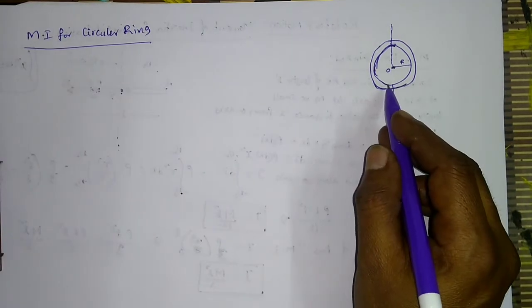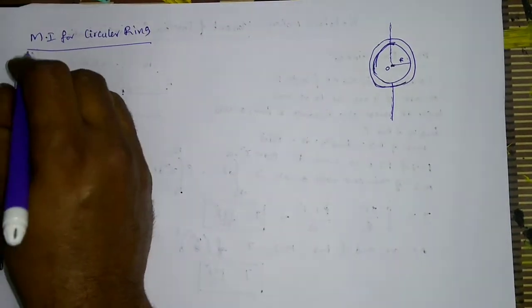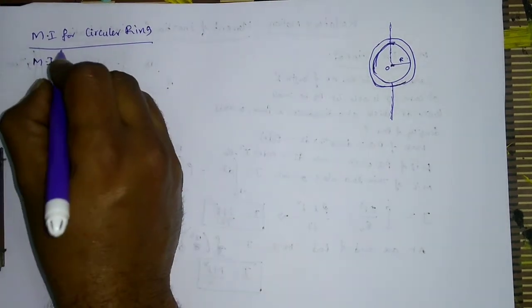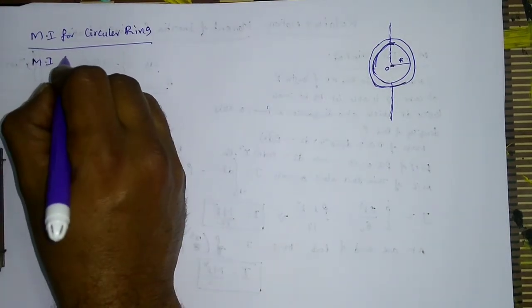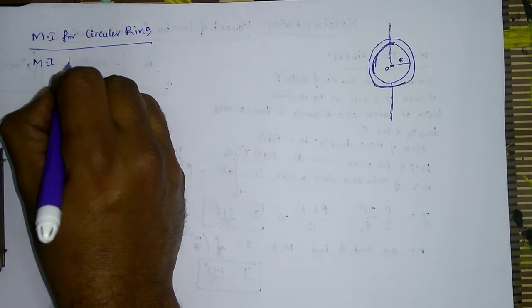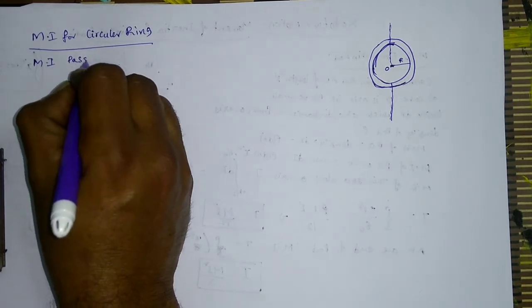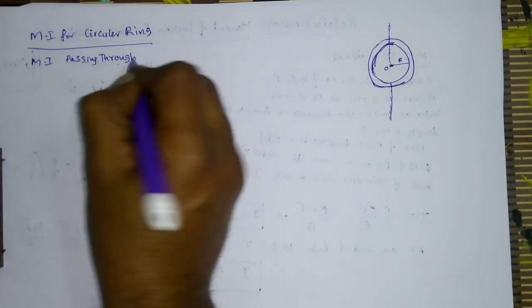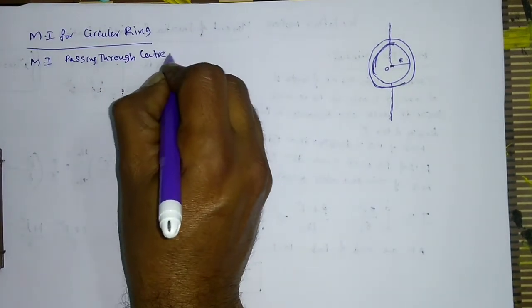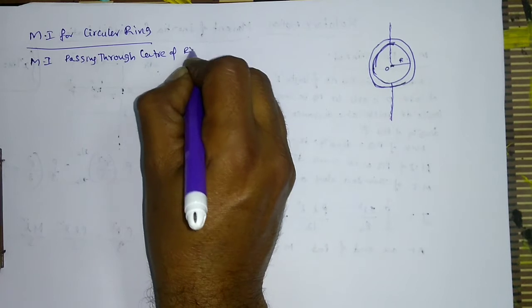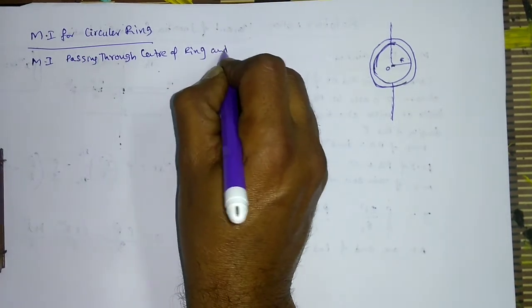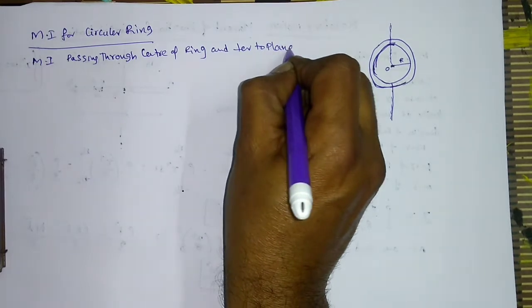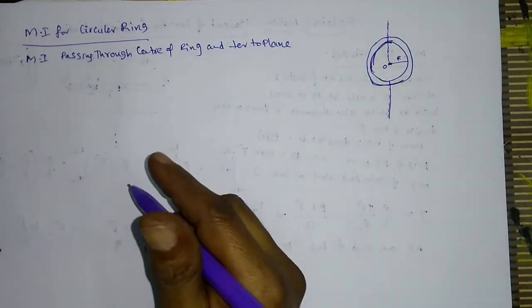Now the first one is the moment of inertia for a ring with the axis passing through the center of the ring and perpendicular to the plane. Same as previously.